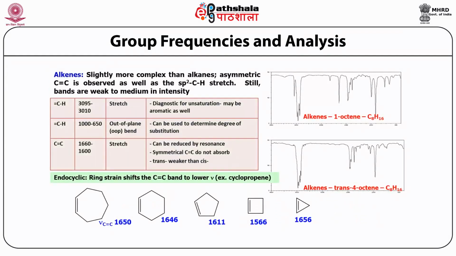We discuss the IR spectra of the alkene. You can see here typical IR spectra of 8-carbon alkenes like 1-octene and the trans alkene 4-octene, both having slightly different spectra.